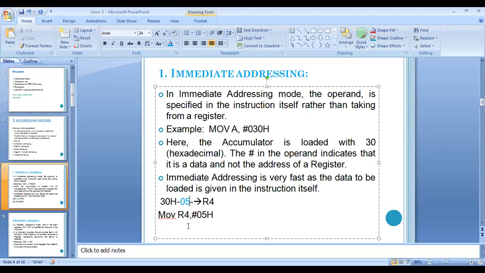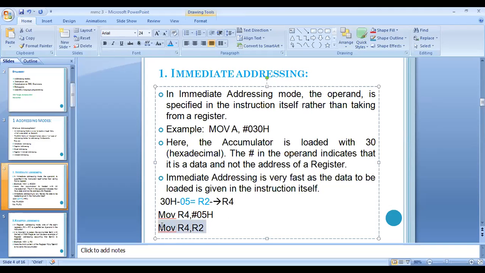So I have to first copy this 05 value into some register, for example, R2 register. So how can I now write? MOV R4, R2. Is it okay? Means first I have to copy this value into the register, and then I have to write the name of the register where that value is stored.